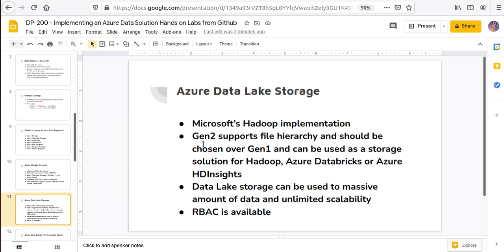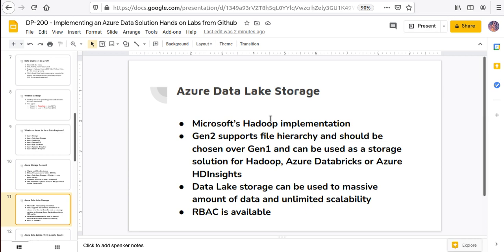Generation 2 is the latest one, and it can be used as a storage solution for Hadoop, Azure Databricks, or Azure HDInsight. You'll be using this Data Lake Storage when you need to store a massive amount of data and you require unlimited scalability.